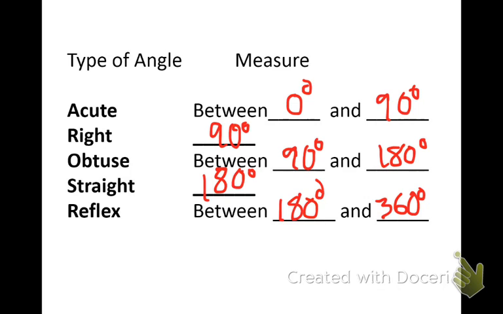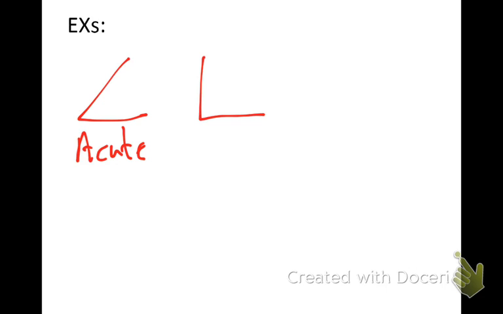All right, so let's look at some examples of what those would look like. An acute angle, that would be an acute angle. A right angle is shown with a box. You put a box in the angle. That shows that it's square, just like the corner of a square. That's 90 degrees, so that's a right angle.